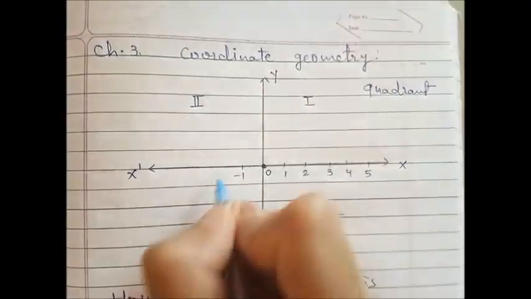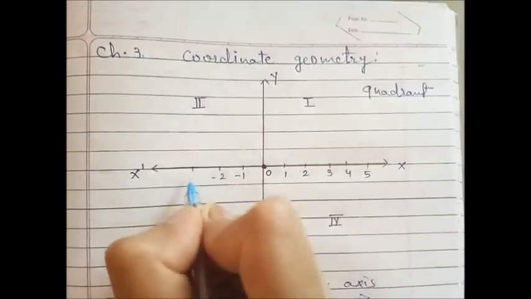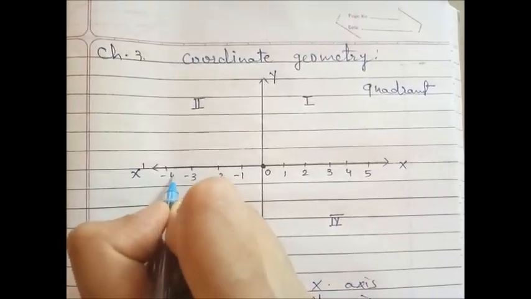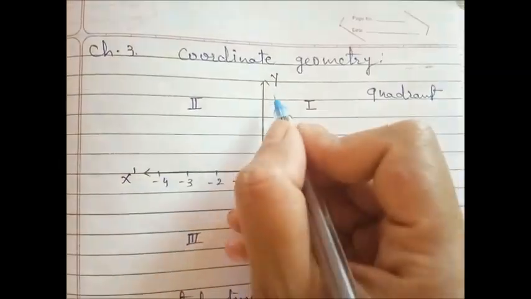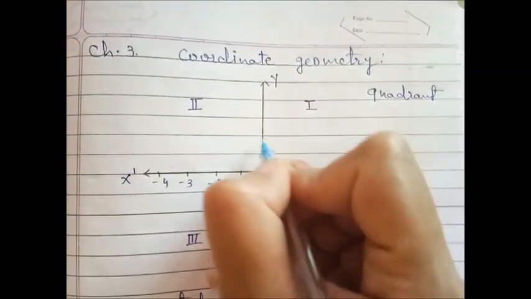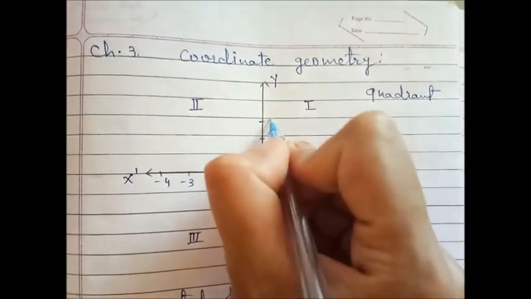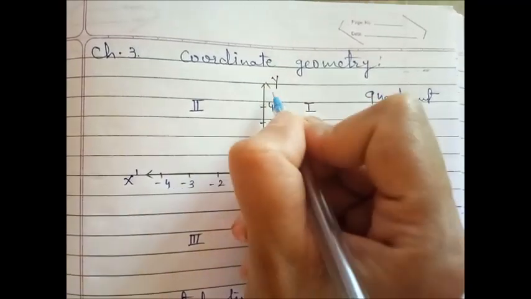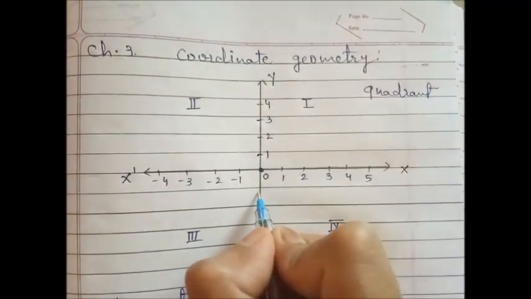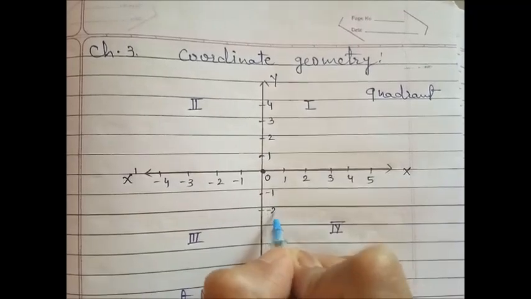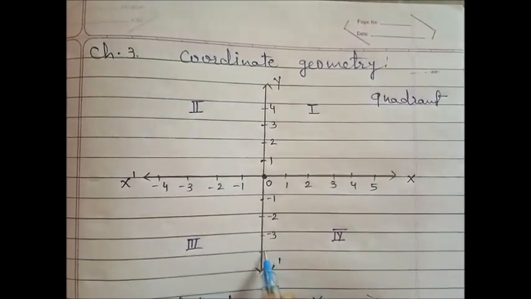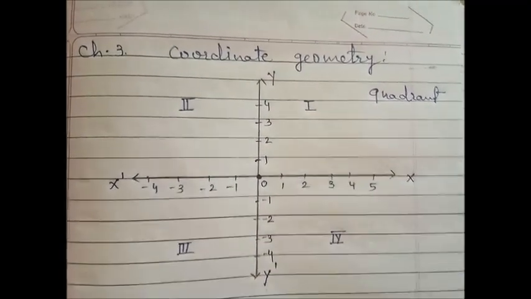Here will come -1, -2, -3, -4 and so on. This is your positive, so here will come 1, 2, 3, 4 and so on. Here will come negative, that is -1, -2, -3, -4 and so on, right?